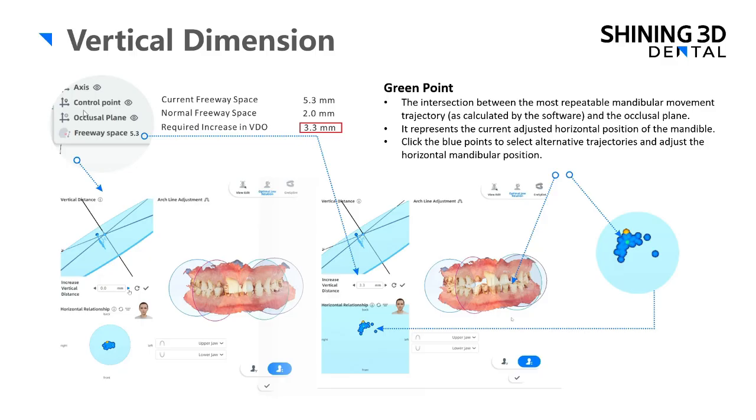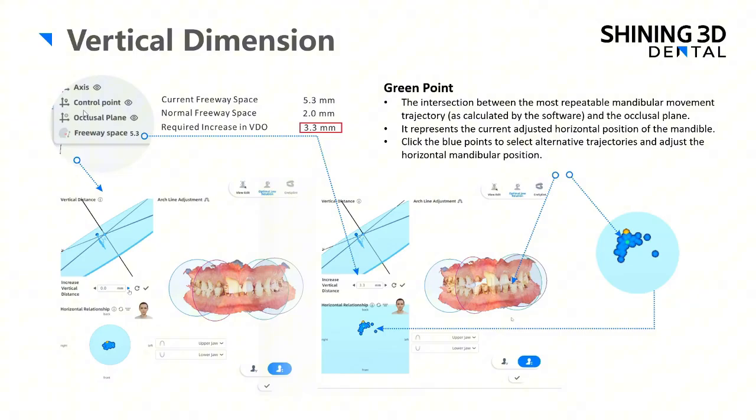Once we type in this number, it will move the mandible downwards to increase the upper and lower jaw distance. The value here is 3.3 millimeters. Once it's adjusted, the Freeway space of this patient has been adjusted into a healthy range. The green point here is the intersection between the most repeatable mandibular movement trajectory, from the 30 times we just recorded as calculated by the software, and the occlusal plane.